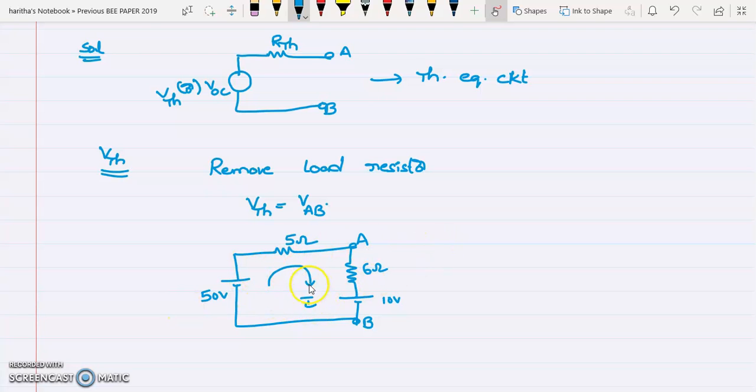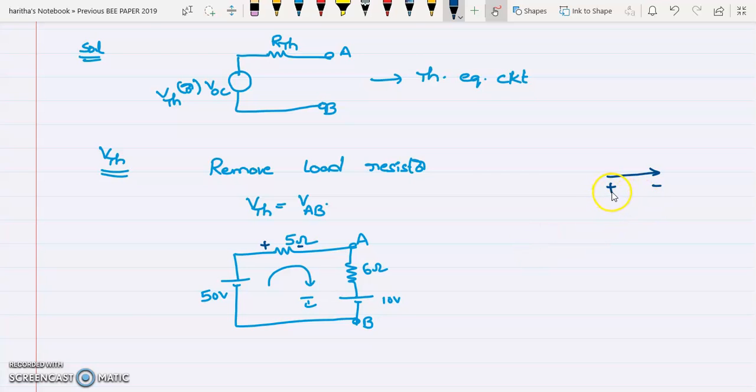Now you can apply KVL to this circuit. KVL is nothing but the algebraic sum of voltage drops in the circuit is equal to 0. So for that, based on the current direction, you can mark the polarities for the resistor, plus, minus. If current is flowing in this direction, this is plus and this is minus.